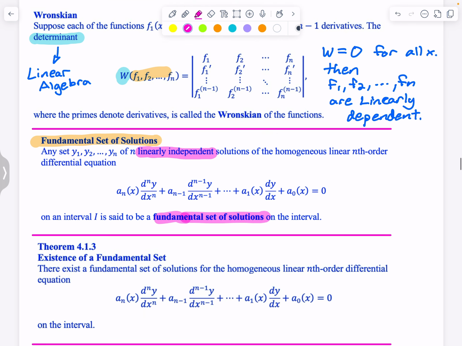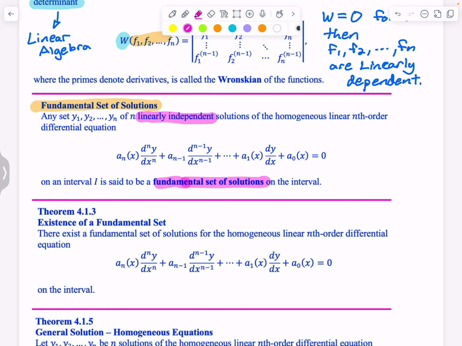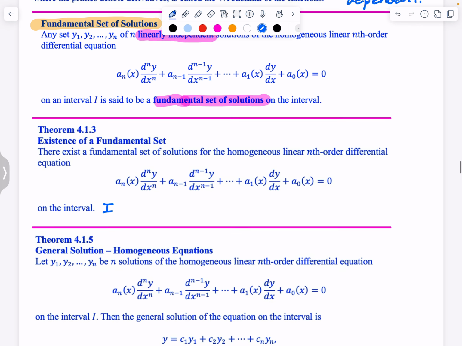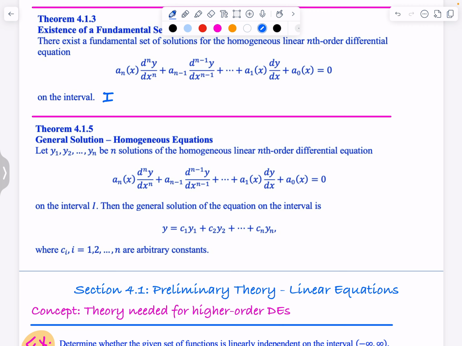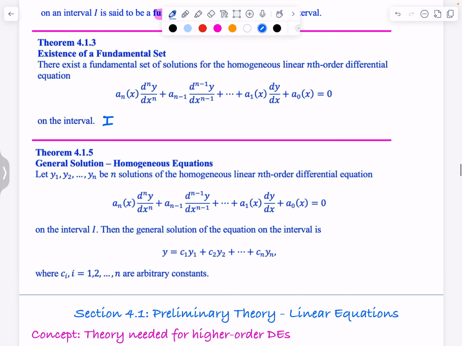Okay. So existence of a fundamental set. There exists a fundamental set of solutions for the homogeneous linear nth order differential equation on the interval I. They exist. So there is a fundamental set. This fundamental set of solutions creates a general solution.